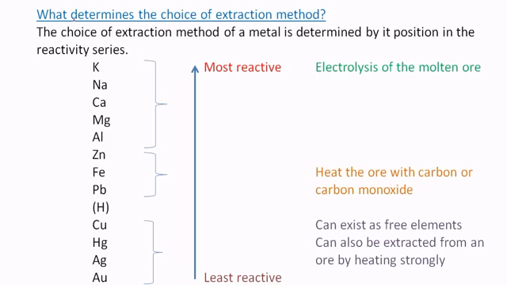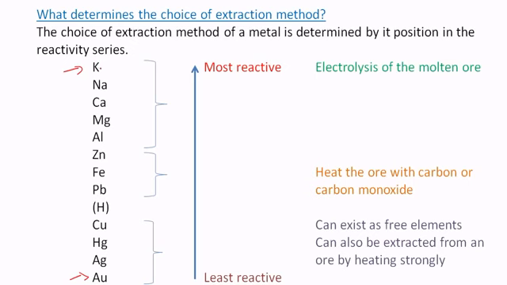The choice of extraction method of a metal is determined by its position in the reactivity series. Now you need to find a way to remember the reactivity series. At the top we have the most reactive element, which is potassium, and at the bottom we have gold.